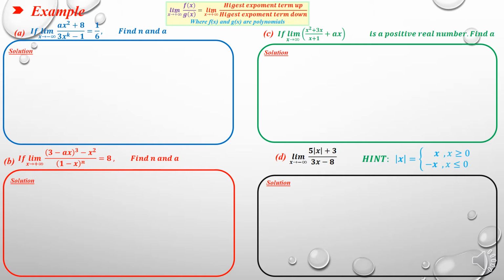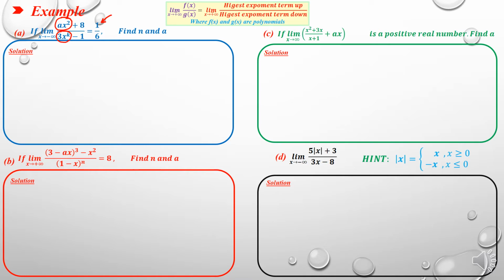So in part A, if the limit of ax squared plus 8 divided by 3x to the k plus 8 equals 1 over 6, find n and a. To find this limit, and since the limit equals a real number, which is 1 over 6, it means you have to take the highest degree up and the highest degree down, and you have to cut all other terms.